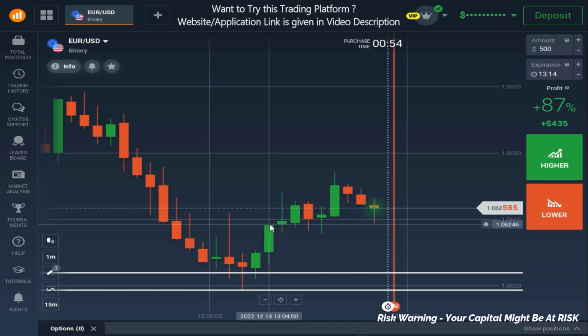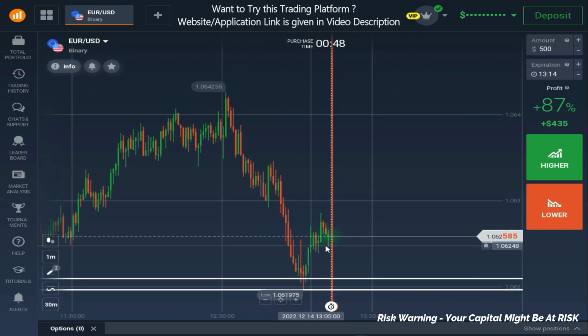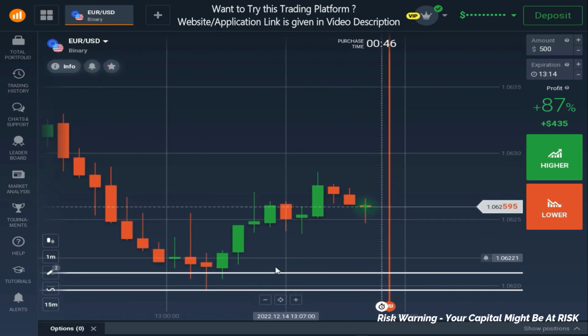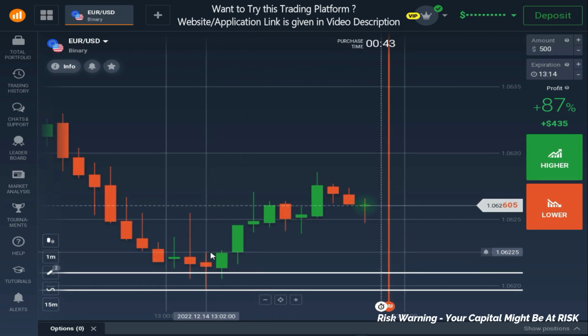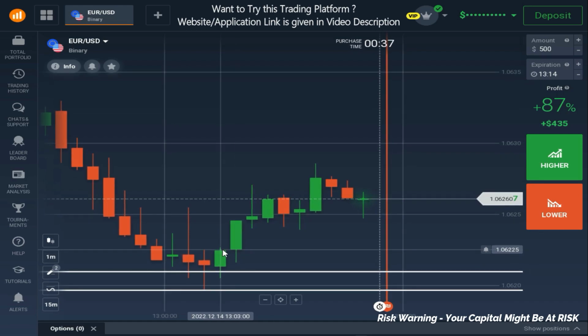But as this is a ranging market and I don't want to go against the minor trend, which was the downtrend here, I decided to take my trade as near as possible to the support level, and that's why I took the trade here. Although this was a good confirmation, for me this is not the best confirmation.